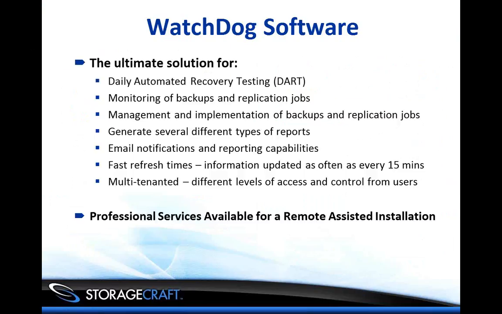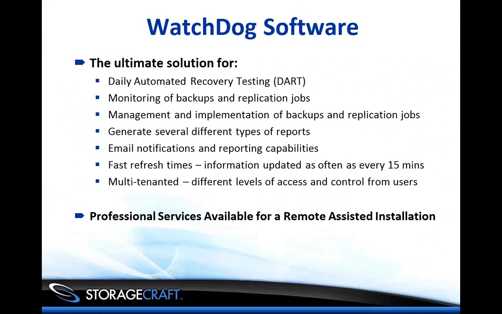And this is where I'm going to talk about Watchdog, and the reason for that is, like I said, backup and disaster recovery for $1.87 a day, and then disaster recovery testing for $2 a day, or however much you want to charge. And Watchdog software is something that is an ultimate solution. It can do the daily automated recovery testing. Not just that, it'll also monitor backups and replication jobs.